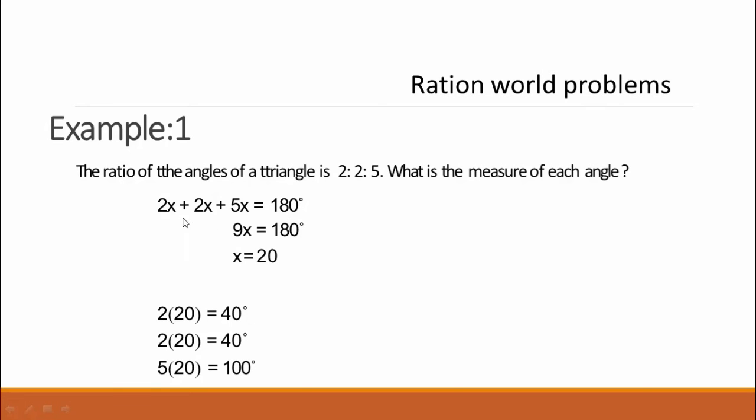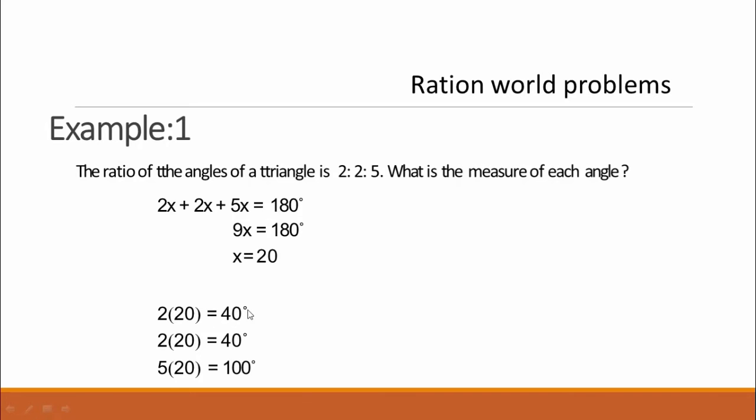Now 2x plus 2x plus 5x is equal to 9x, and 9x is equal to 180. So dividing both sides by 9, we obtain x is equal to 20. So the measure of the one angle is 20.